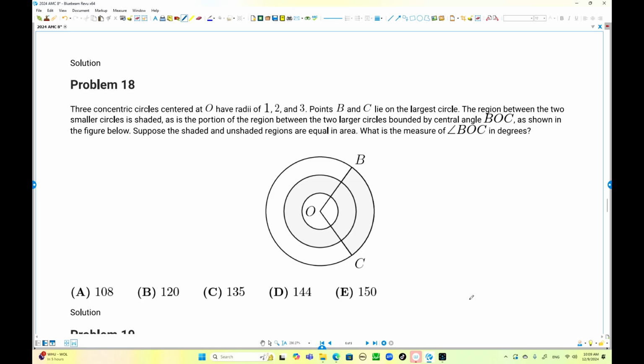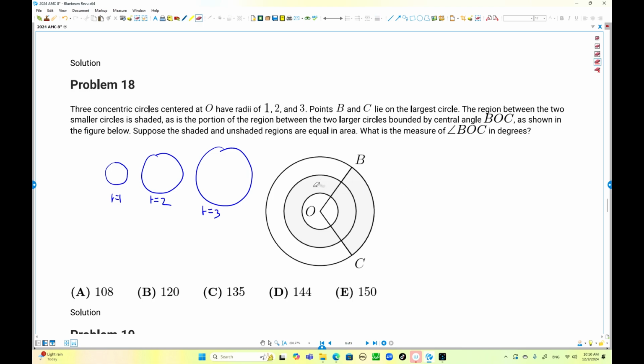Number 18, 3 circles, concentric circles, but they have the same center, okay? So the radius of the small one is 1, the second one is radius 2, the largest circle is radius 3. The region between these two small circles is shaded, okay, here and here.